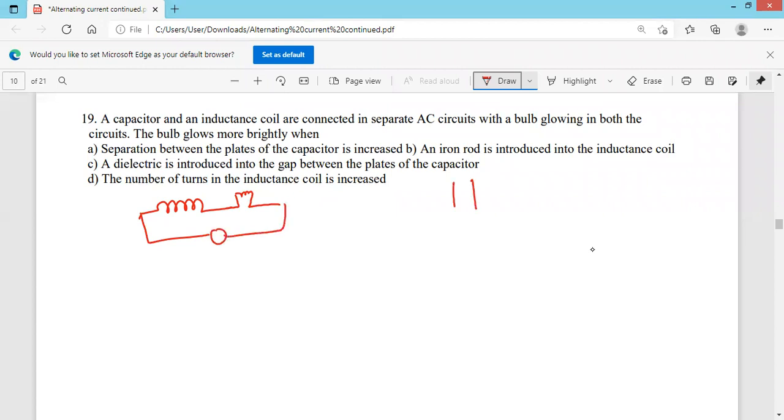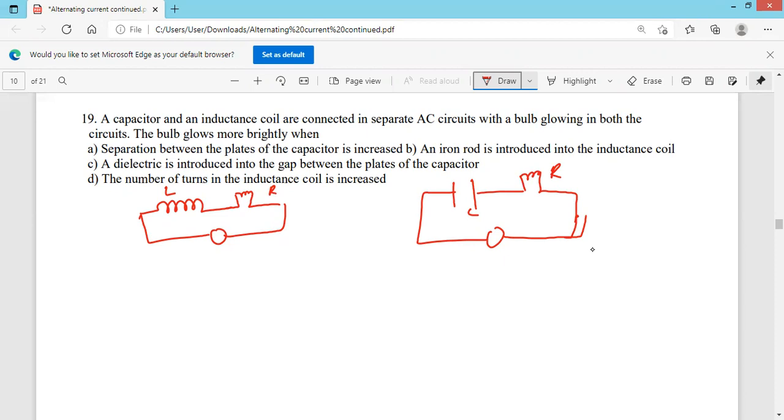Another circuit consists of a capacitor along with a bulb. Bulb means resistance. The bulb glows more brightly when?